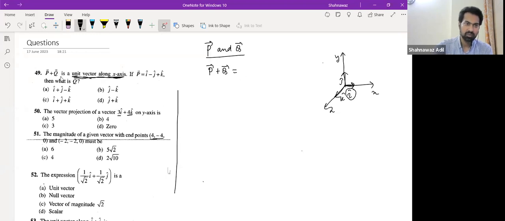So P plus Q is equal to a unit vector along x axis. So what is a unit vector along x axis? Ifat and Siddhika, what would P plus Q be from this information?